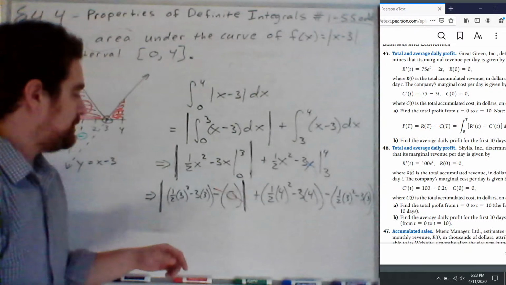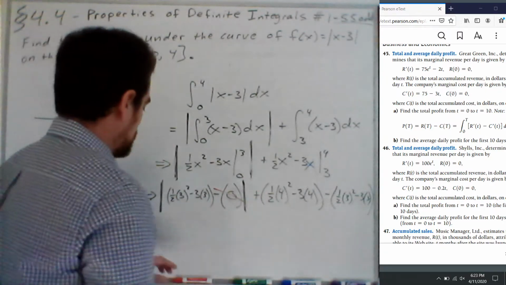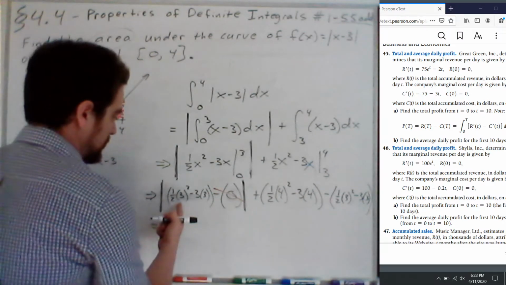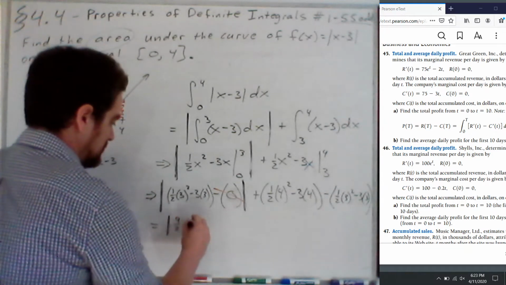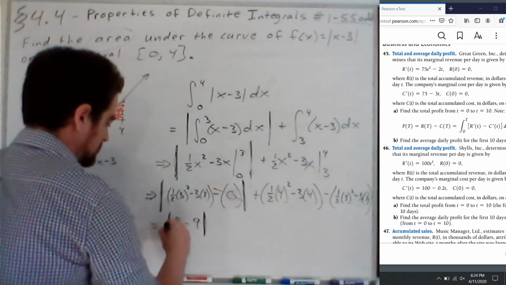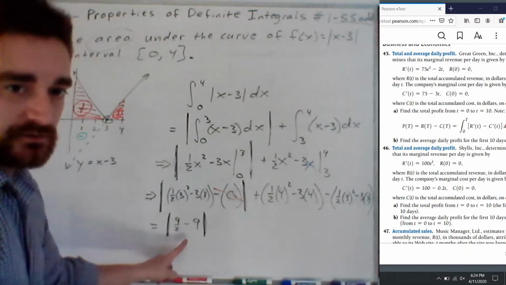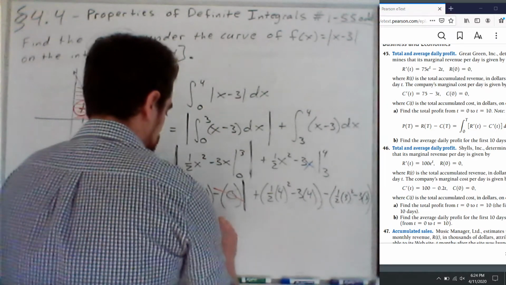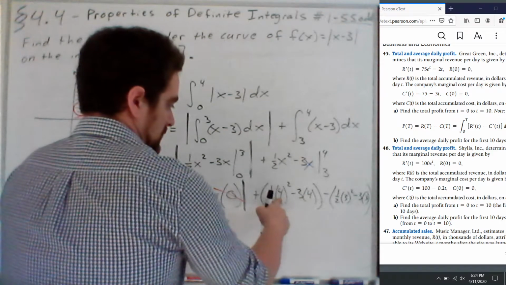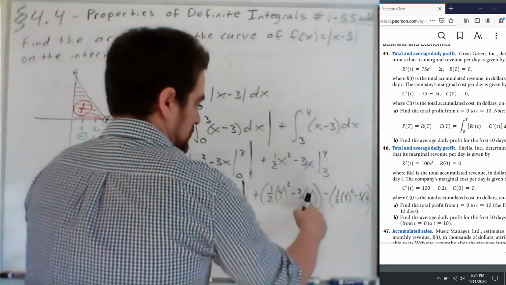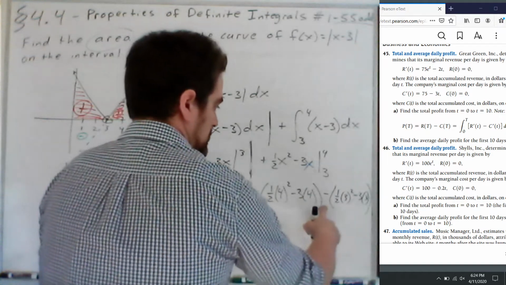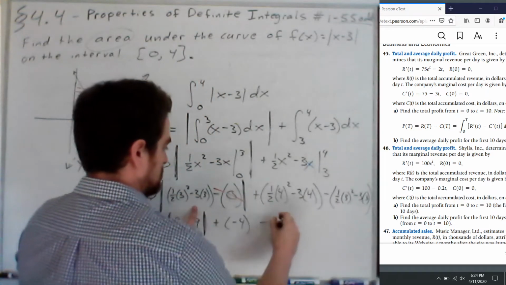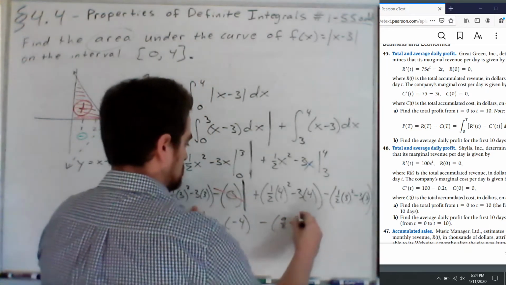Again, this is a good job for taking your calculator and doing lots of this stuff, but this isn't too terrible. This is 9/2 minus 9. But again, I still haven't taken that absolute value yet, but you can see that's going to be a negative quantity. Plus 16 divided by 2 is 8, minus 12 is negative 4, minus, this is actually the same thing as what this was, 9/2 minus 9.